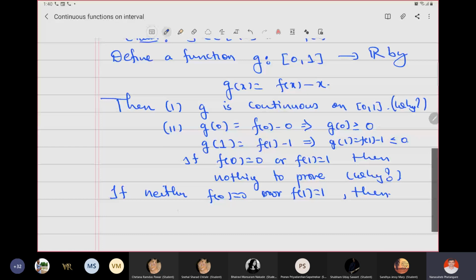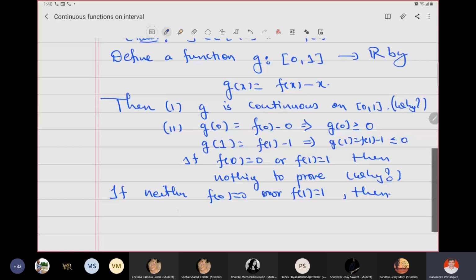Do you understand what I want to say? So g of 0, which is f of 0, is strictly positive, and g of 1, which is f of 1 minus 1, is strictly negative. So g is continuous, at 0 the value is positive, at 1 the value is negative.